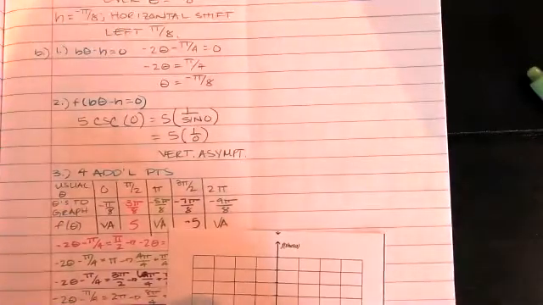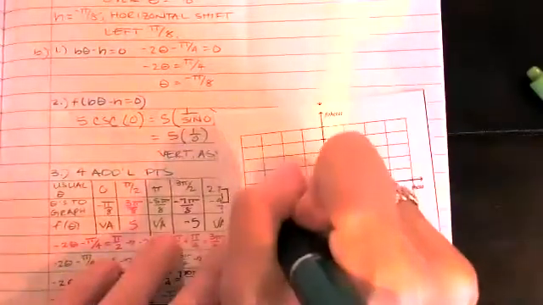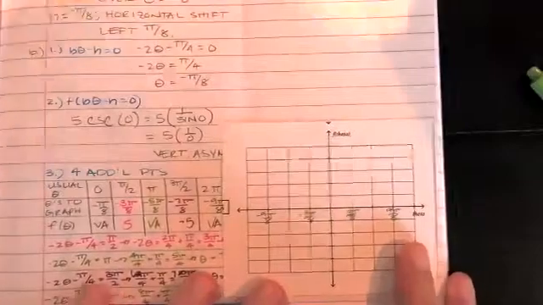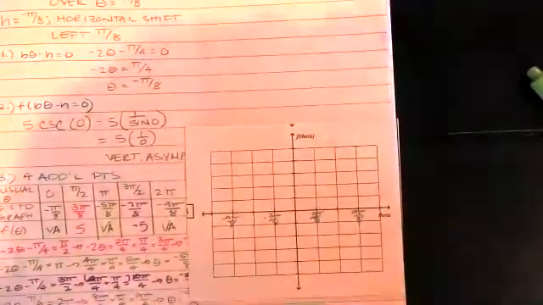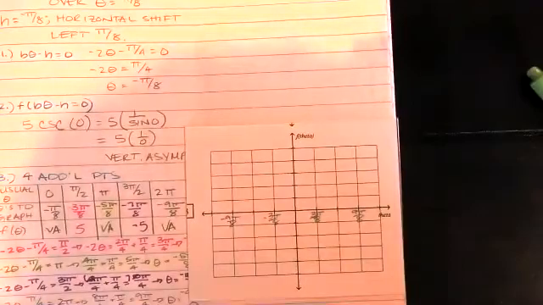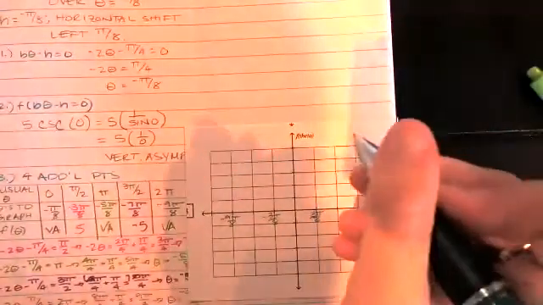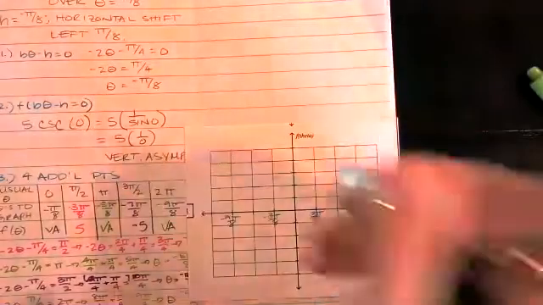Negative 3 pi over 8. Am I on the screen here? No, of course I'm not. Okay. Negative 9 pi over 8. Okay. And maybe that's better. Then we need to count by ones, it looks like. Should we count by twos? Let's count by ones. Let's have it nice and stretched out.